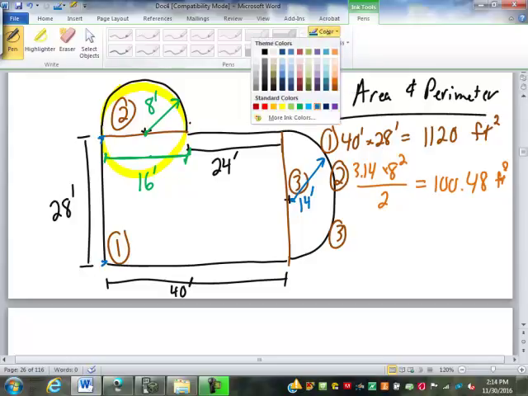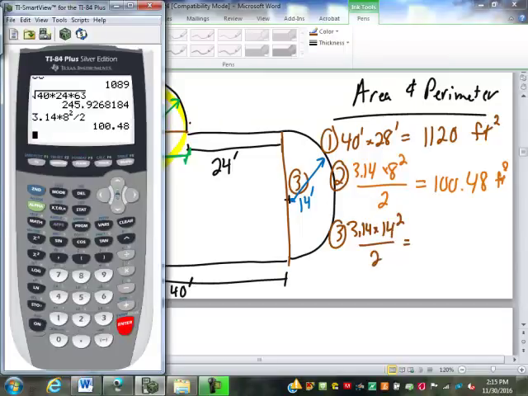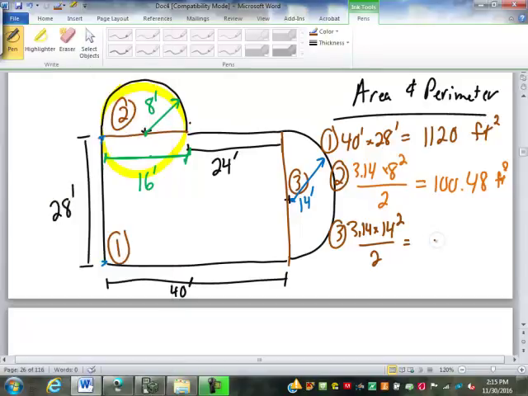So that is going to be pi, 3.14 again, times 14 squared and divided by 2. So 3.14 times 14 squared divided by 2. 307.72 square feet.